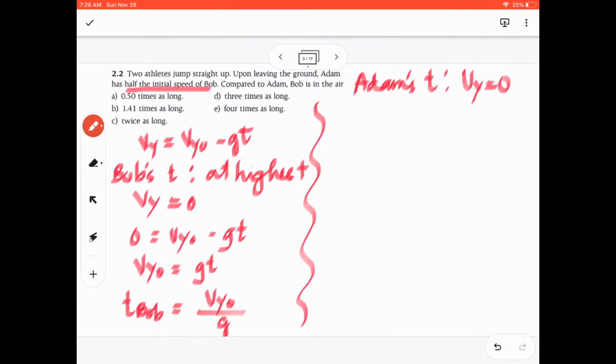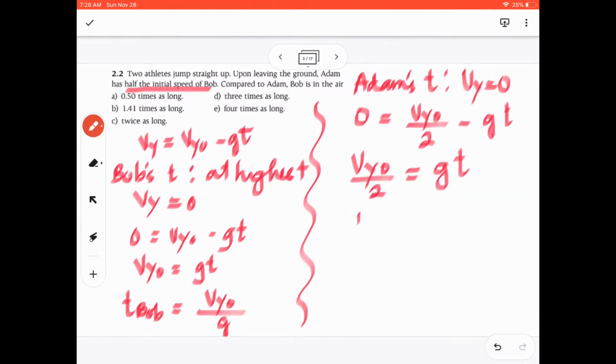Therefore, we will use Vy still is equal to 0. 0 now is equal to Vyo divided by 2, because it's half the initial speed of Bob, minus gt. Manipulating it, we will have Vyo divided by 2 is equal to gt. So now t for Adam is equal to Vyo divided by 2 divided by g, and simplifying it, t of Adam is equal to Vyo divided by 2g.